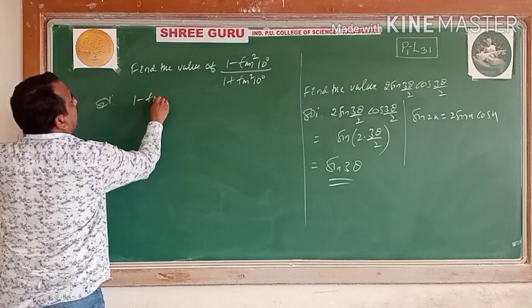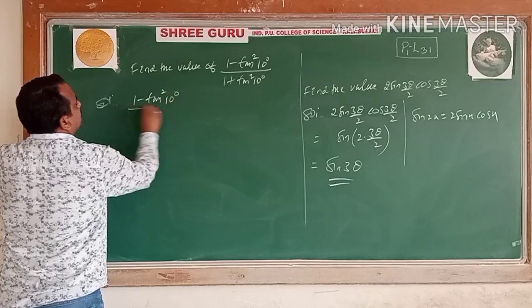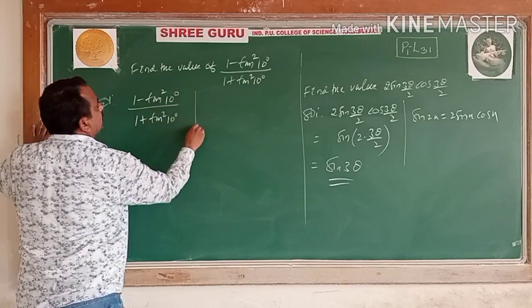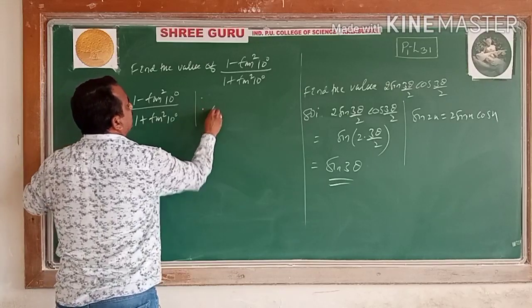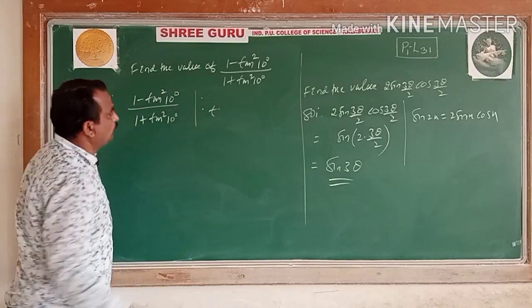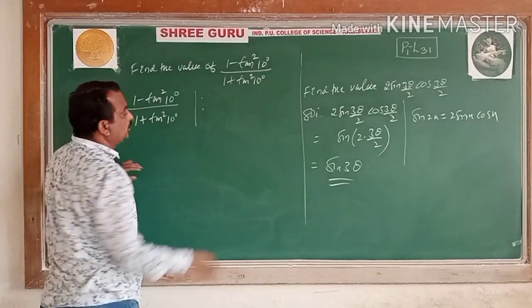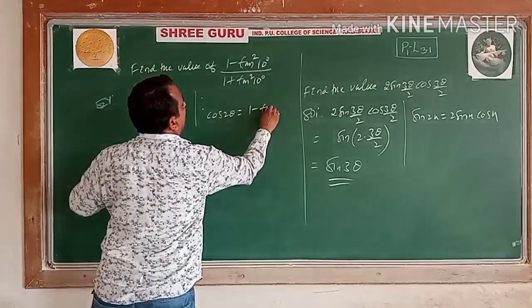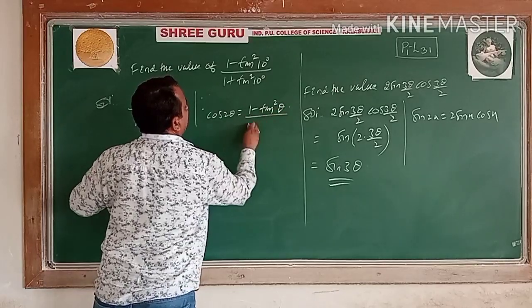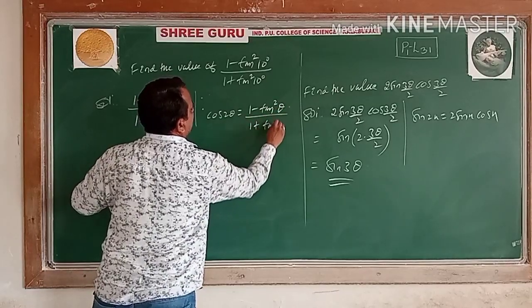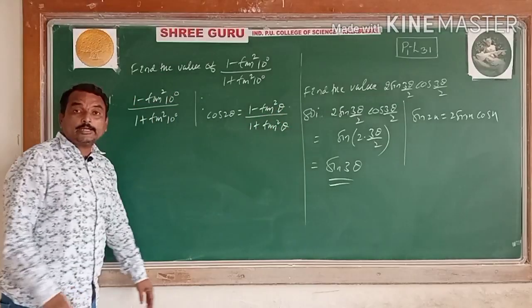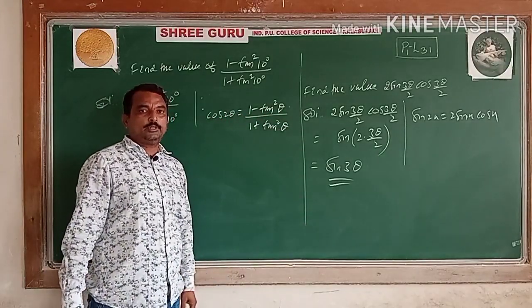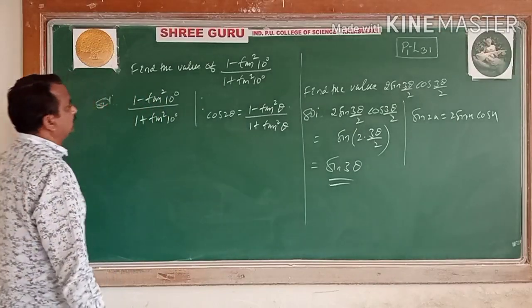You know that, what is cos 2 theta in terms of tan? 1 minus tan square theta divided by 1 plus tan square theta.